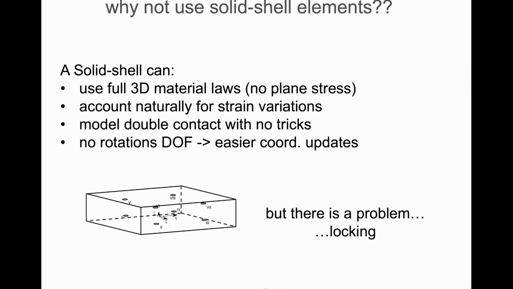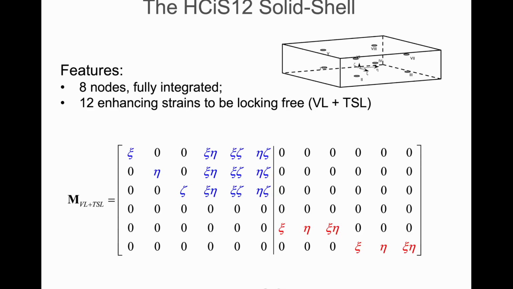Strain variations are very easy to detect because you have physical nodes here, instead of shells where you have no nodes over the thickness, and it's easier to model double contact. That is what we need to use when you do sheet metal forming simulation. So this is an element I developed with Professor Hubbard some ages ago, and this is an incompatible modes element.